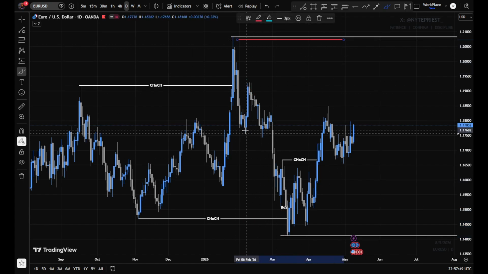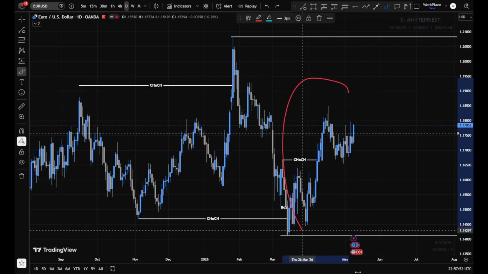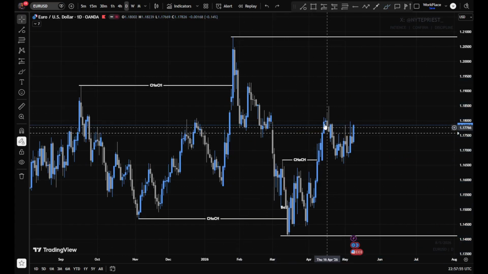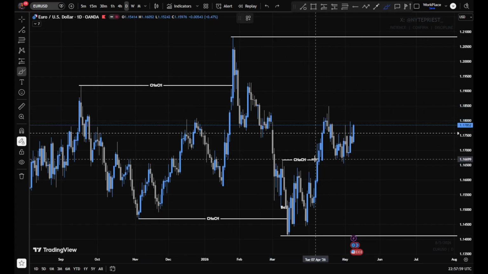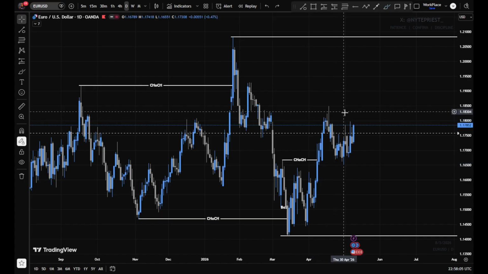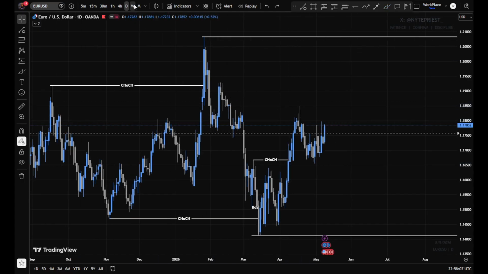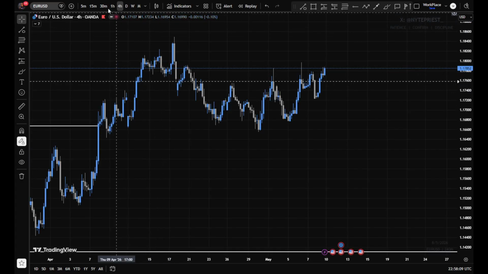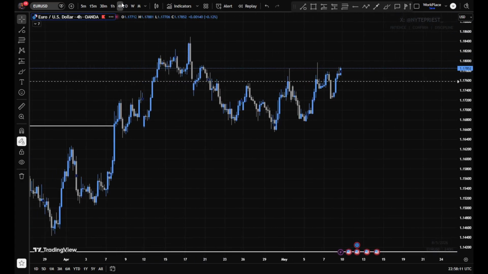So we have the high and the low. So this is our range, okay, and we have breakout structure to the upside, fractal breakout structure, which is a 4 hour break. Okay. So on that, we go down to the 4 hour time frame.